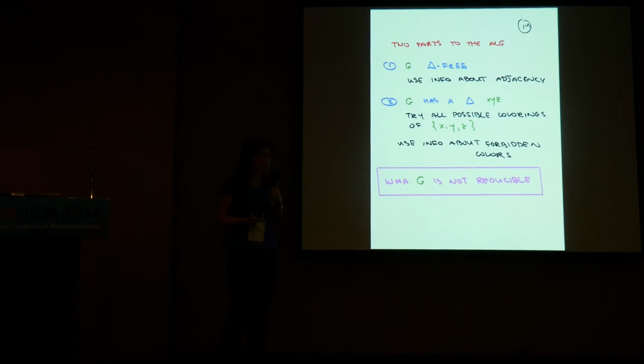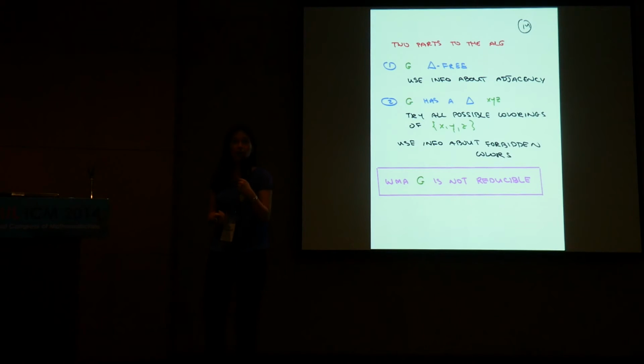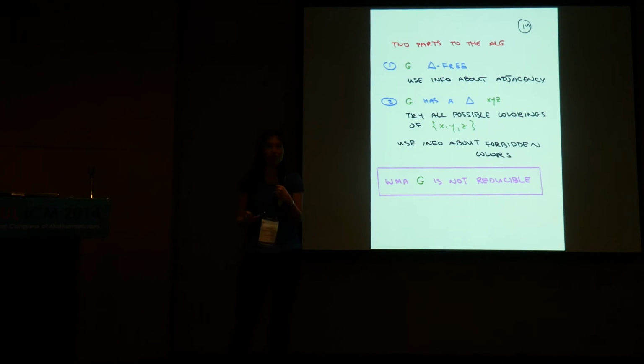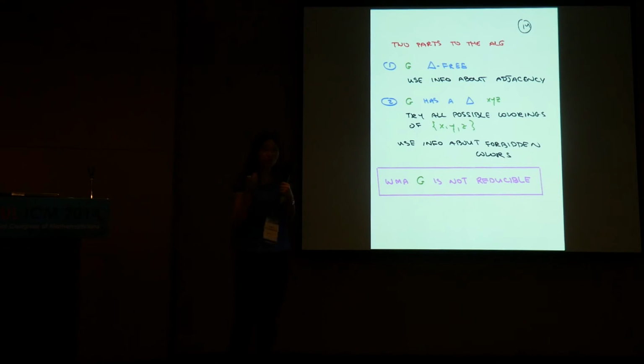All right, so there are two halves to the algorithm. In the first half, we assume that the input is triangle-free. And then there are various structural things you can prove. If you don't have a long path and you don't have a triangle, somehow you know more about your graph. The second half of the algorithm is when we assume that the graph contains a triangle. Well, then structurally you're in worse shape because all you did was exclude a long path.